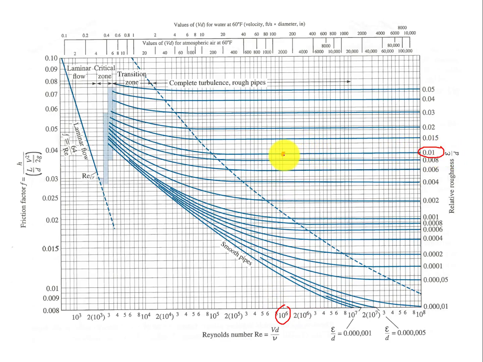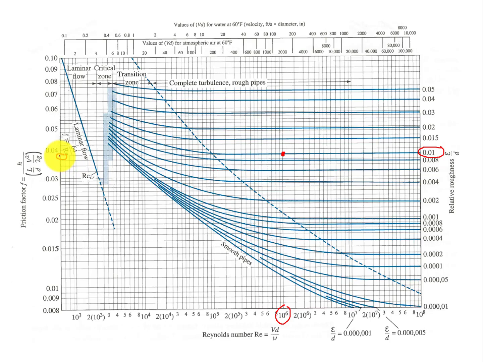So the point we'd be operating at is right there. And we go from that point straight over. This would be our friction factor. So that's 0.038. So the friction factor for a relative roughness of 0.01 and a Reynolds number of 1 million is 0.038.